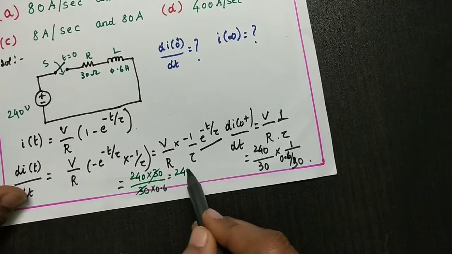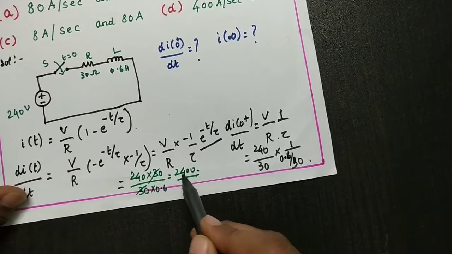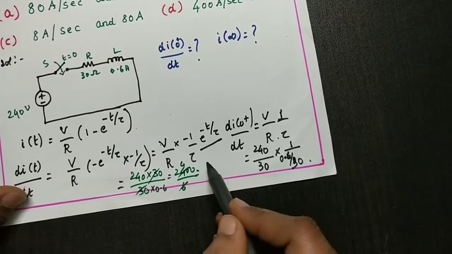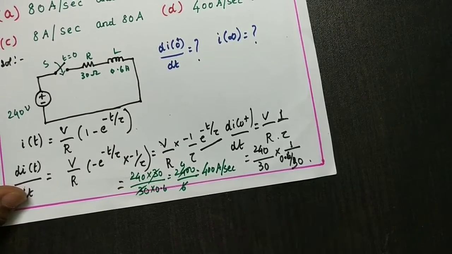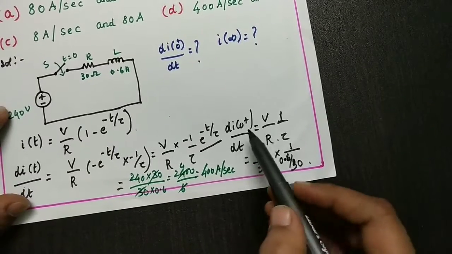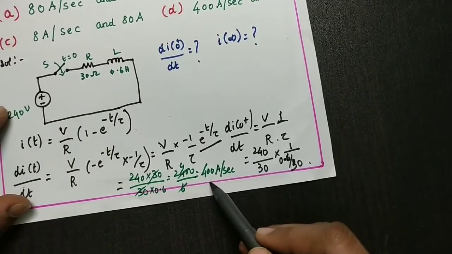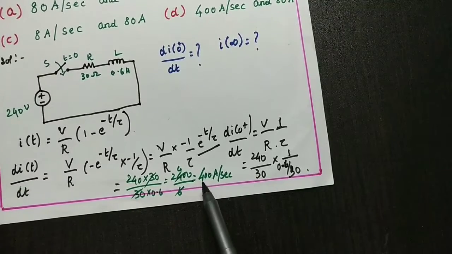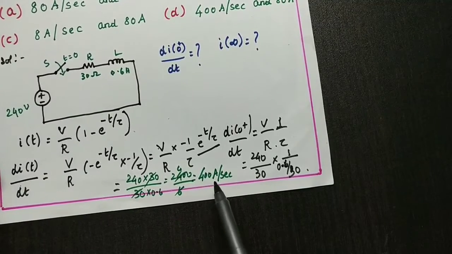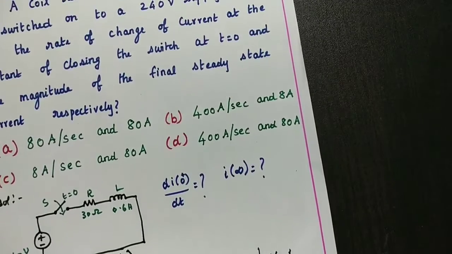So 2400 by 6, 400. So 400 ampere per second. di of 0 plus by dt equals 400 amps per second. So we found the rate of change of current at t equal to 0.